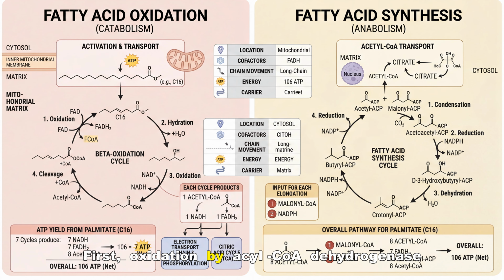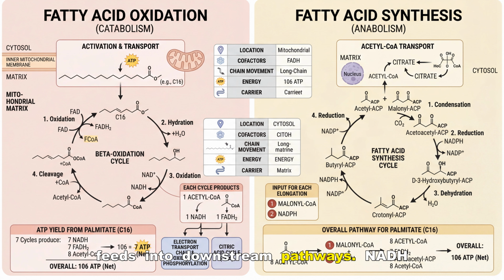First, oxidation by acyl-CoA dehydrogenase produces FADH2. Second, hydration adds water across the double bond. Third, another oxidation produces NADH. And fourth, thiolysis cleaves the bond, releasing acetyl-CoA. Each of these products feeds into downstream pathways.